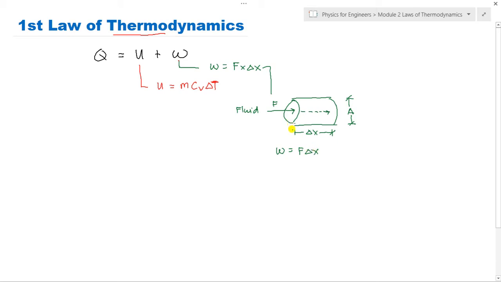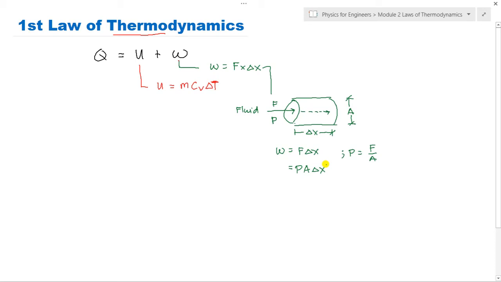However, since the fluid is mostly represented in terms of pressure, the fluid is represented in terms of the parameter pressure. And we all know that pressure is equal to force over area, right? So therefore, this force here is equal to the pressure times the area, multiplied by the displacement.